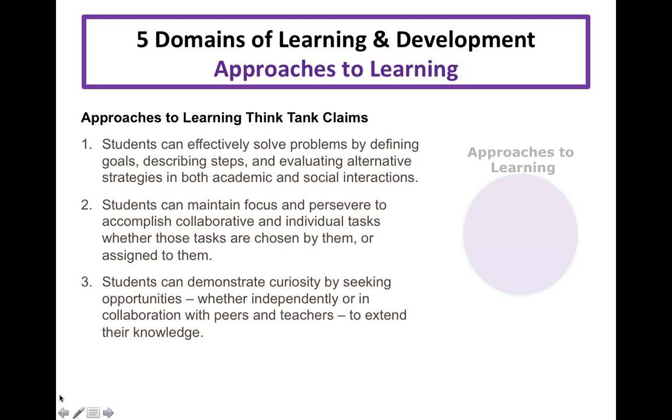And moving to claim 2, students can maintain focus and persevere to accomplish collaborative and individual tasks, whether those tasks are chosen by them or assigned to them. So an example of this evidence might be observed during whole group or small group time for a student who has little interest in the group's activity.